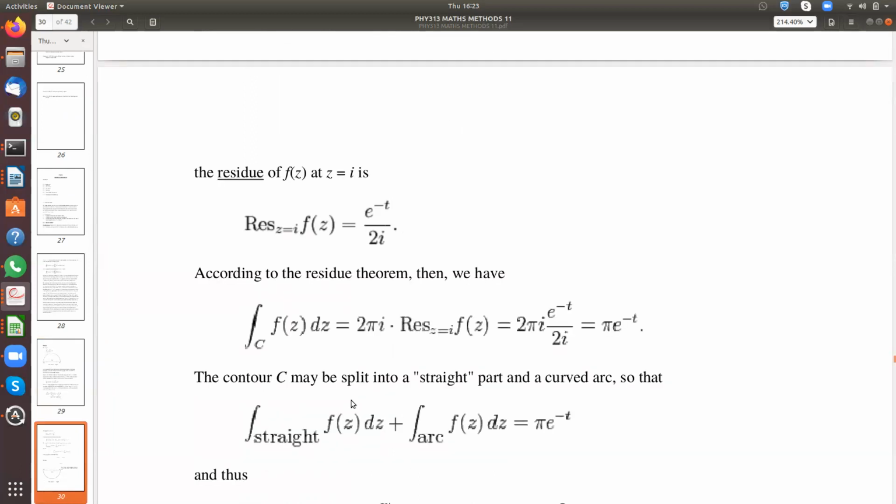So now, according to the residue theorem, we know that this is the theorem, which is this. So where you have the whole of this now is equal to this. You just replace the whole of this with this, and you expand, and that gives you pi exponential minus t. So the contour C may be split into a straight part and a curved arc, so that the straight part will be this and the arc will be this, which is equal to this.